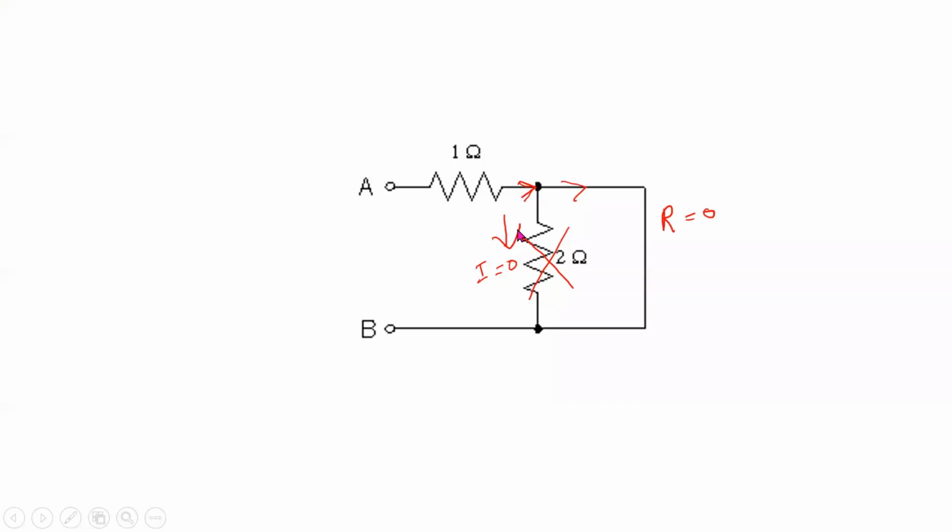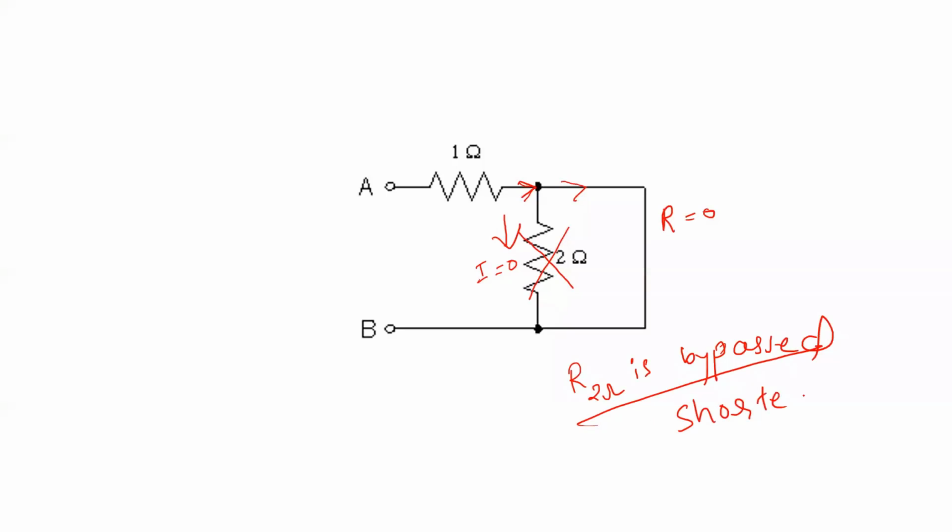Because of that reason, this resistor can be neglected. The technical word for this is that the 2 ohm resistor is bypassed, or else it is shorted. I hope the concept is clear.